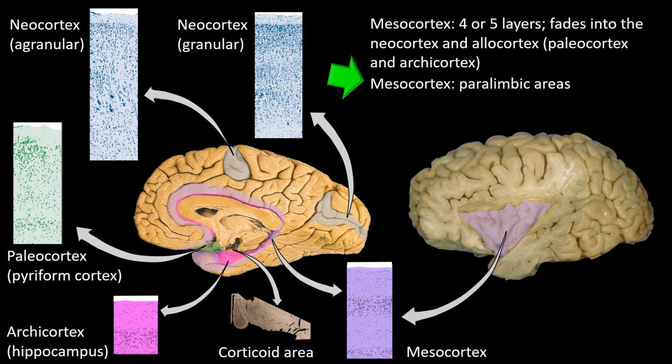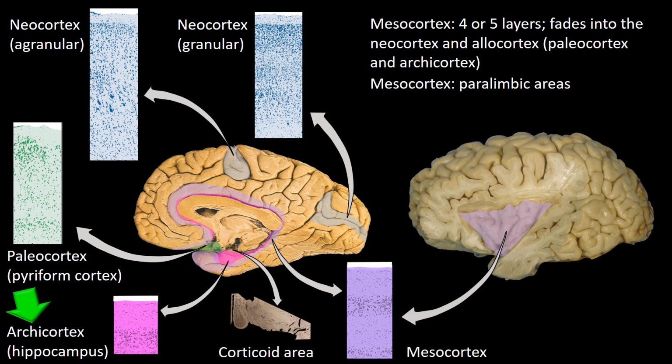This cortex, according to some authors, is found in the paralimbic areas: the insula, cingulate gyrus, retrosplenial area, parahippocampal gyrus, temporal pole, caudal orbitofrontal cortex, and the subcallosal area. Yet, as I hope you recall, earlier in this talk, I labeled some of these regions as being covered by the archicortex.